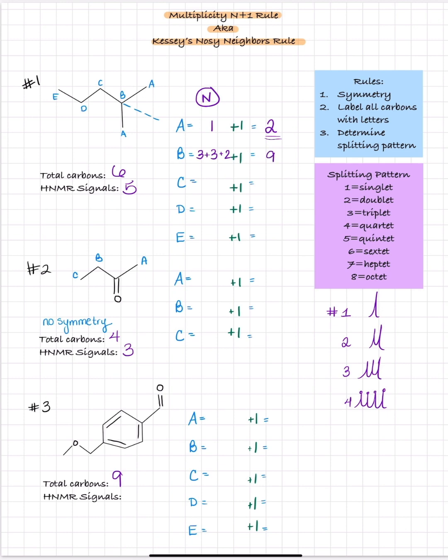Now you'll see that on my splitting patterns chart, I stopped at 8. So normally, back when even I was in school, after you get to 7, 8, and 9, they would just normally call this a multiplet. It's just pretty much too large to really count.